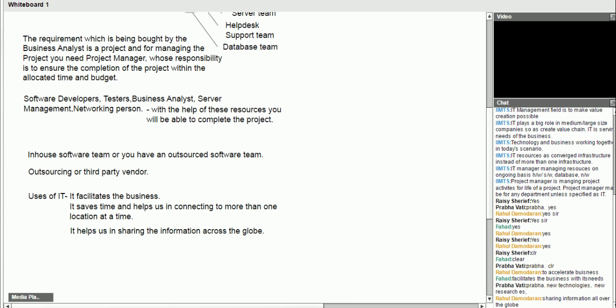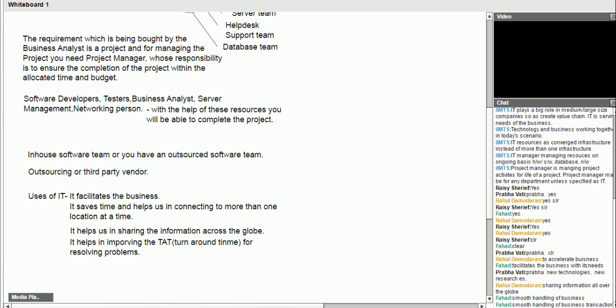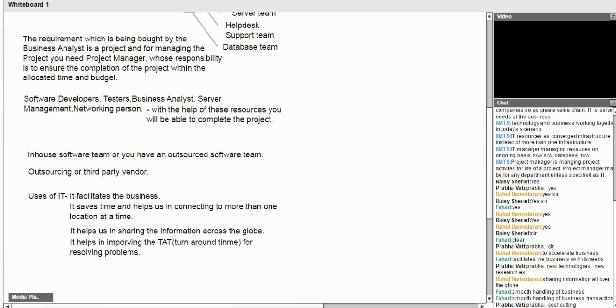It helps in improving the TAT, turnaround time, for resolving problems. So it facilitates the business, number one. Number two, it saves time and helps us in connecting to more than one location at a time. Number three, it helps us in sharing the information across the globe. It helps in improving the TAT for resolving problems.